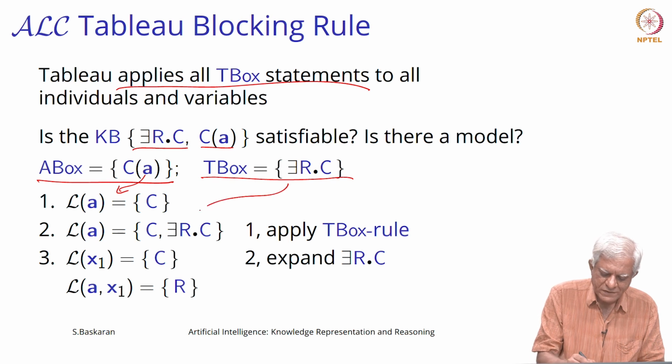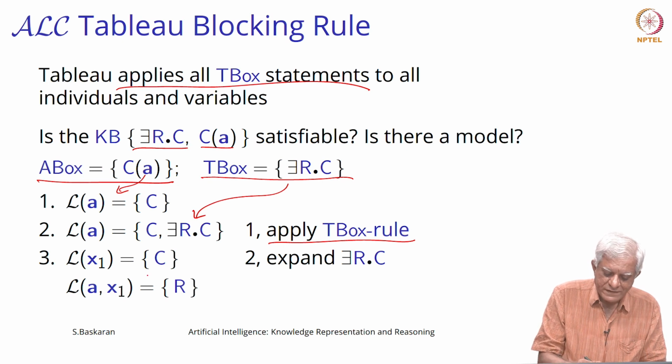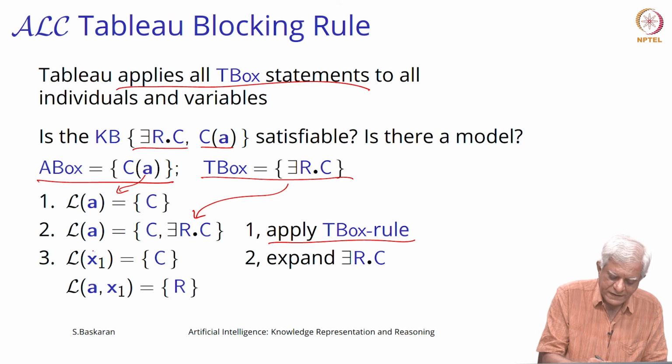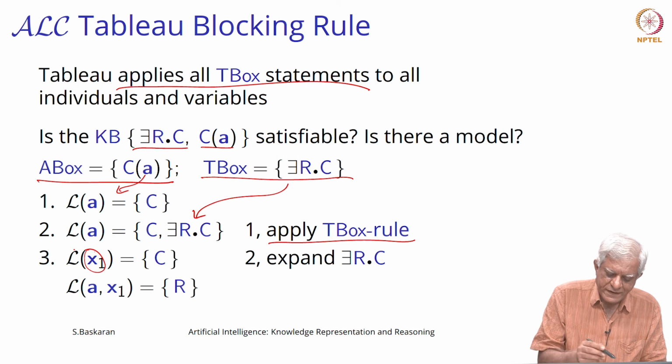We bring it here, apply the T box rule, and what does this rule say? Create an x1 such that x1 is related to A by the role R and give it a label C.